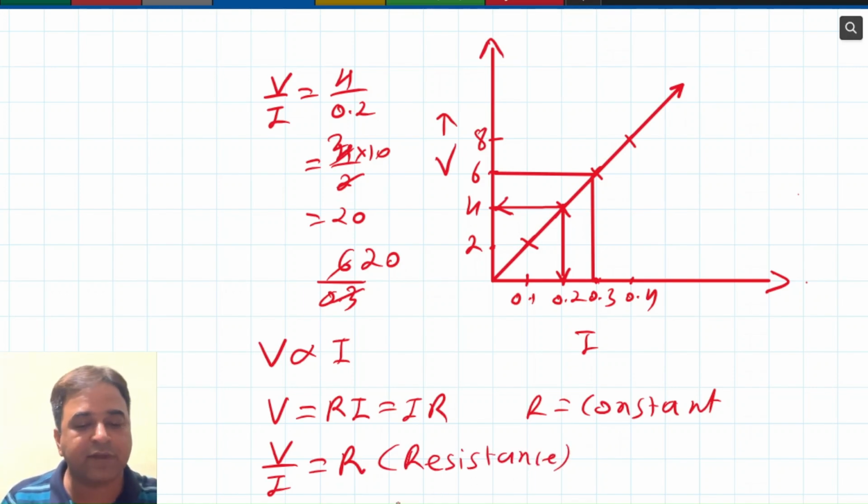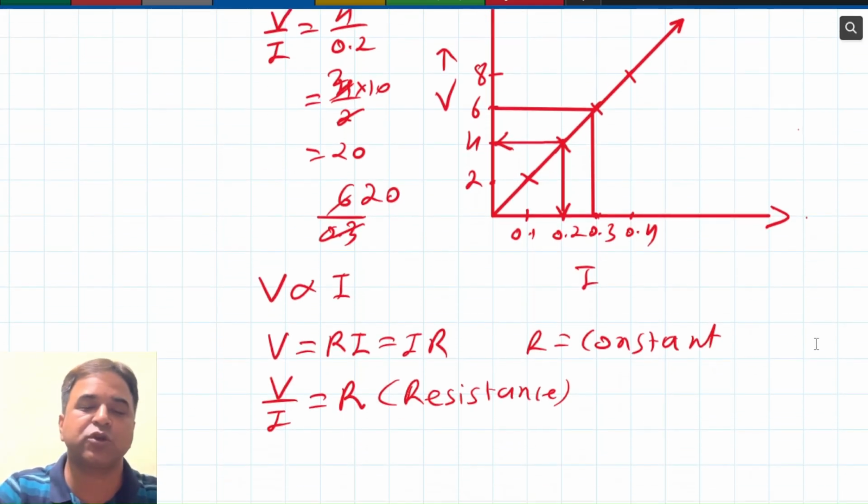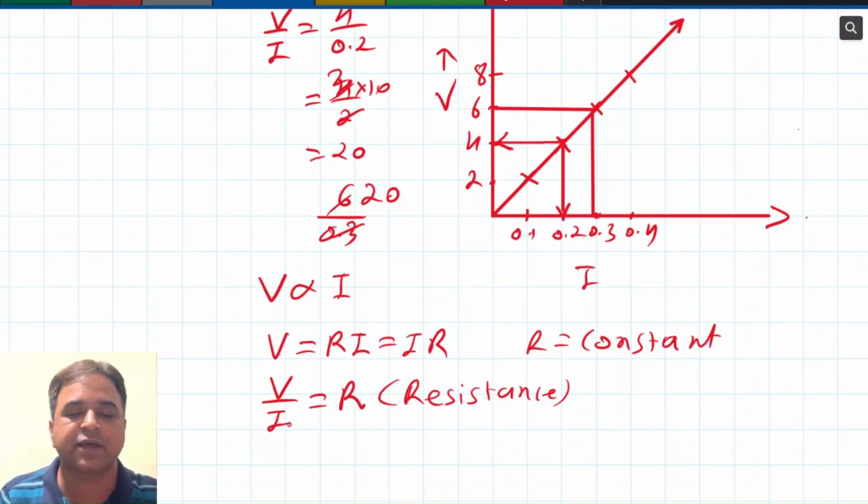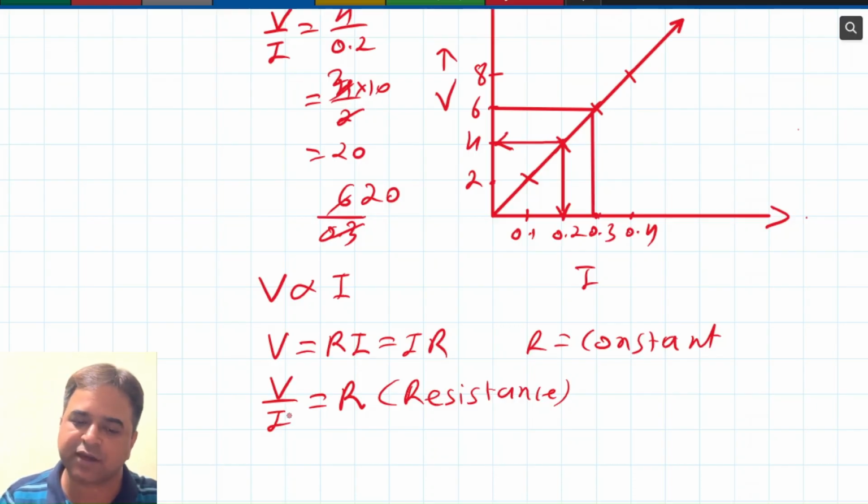So how will we define resistance? Resistance you can define as the ratio of potential difference with respect to electric current. Ratio of potential difference and electric current in a circuit will give you value of resistance.